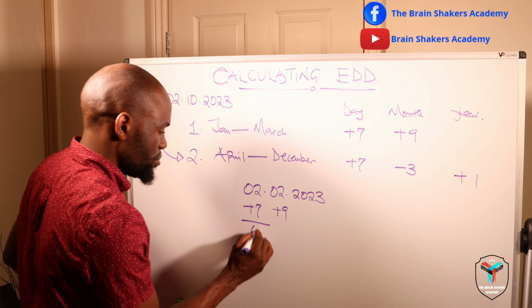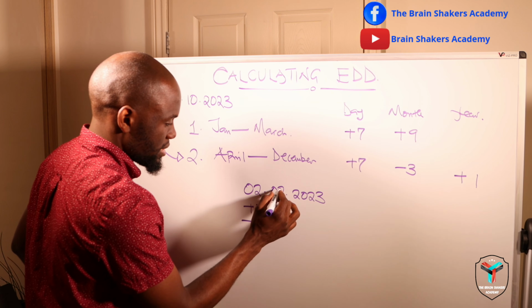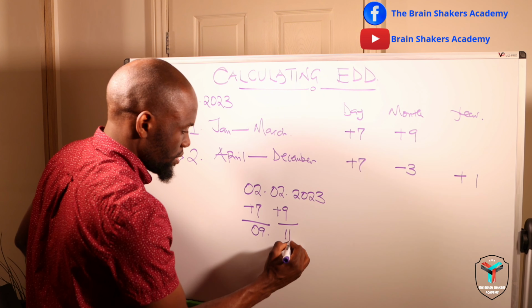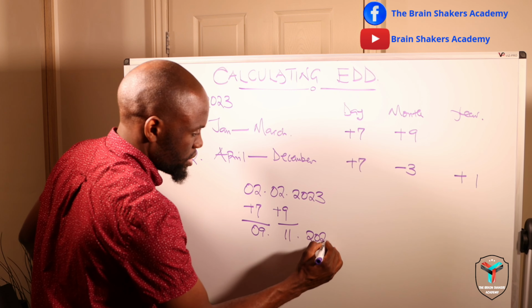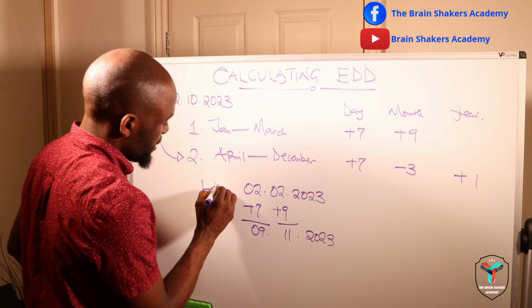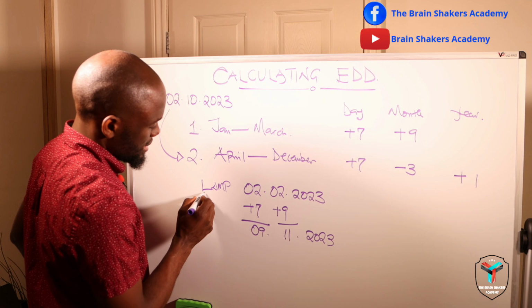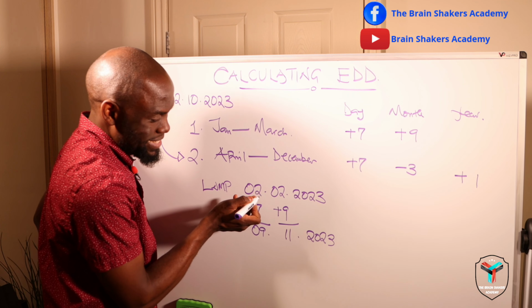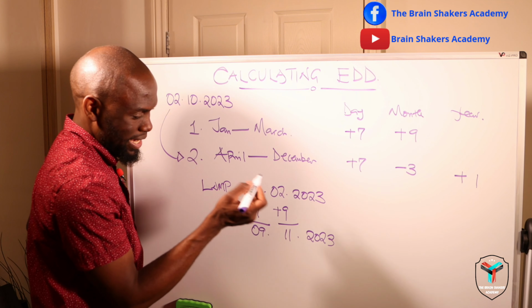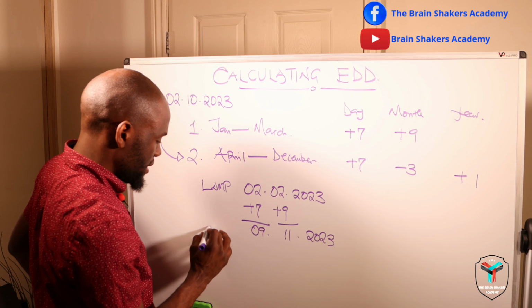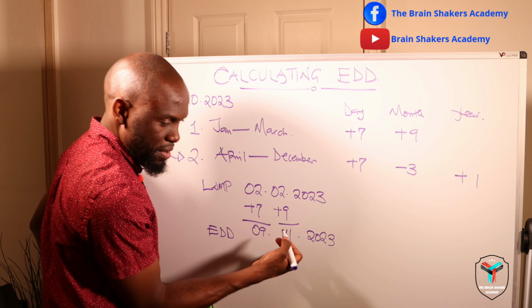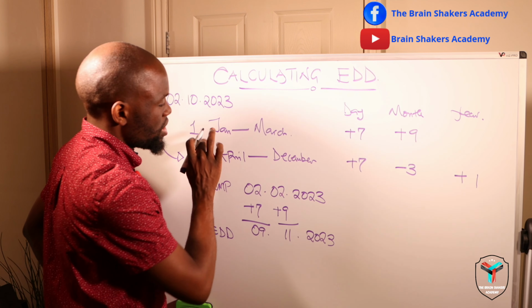So this is going to be the 9th, and this one here is going to give us 11, 2023. So somebody who had an LMP, the last normal menstrual period, on the 2nd of February 2023 was expected to have the expected date of delivery on the 9th of November 2023. That is using this one.